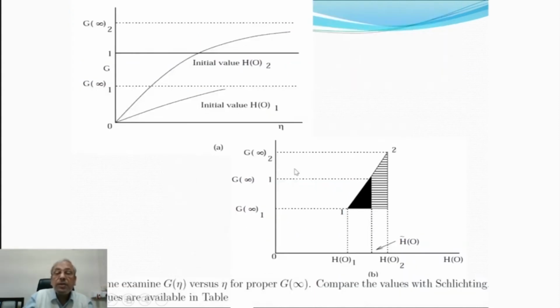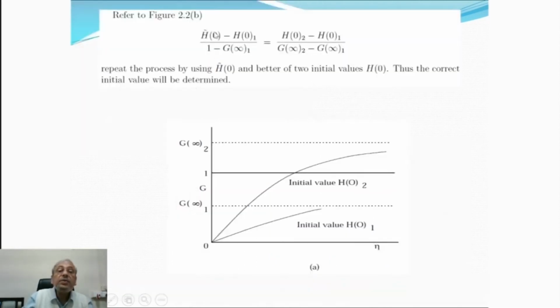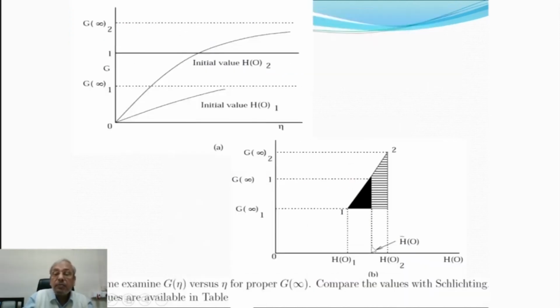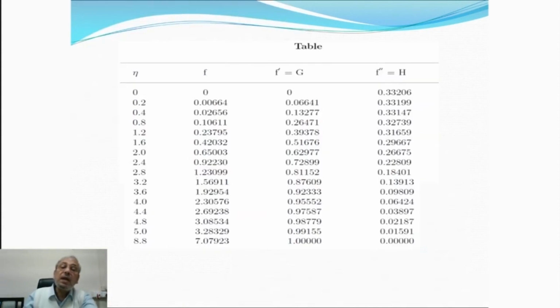From this similar triangle, we can write, and H naught tilde is not known and can be found out. Again, we can apply the same method to find a better guess between these two values. The final objective is to get a value for which we will get G infinity equal to 1 for a large value of eta. And we can show the final solution.